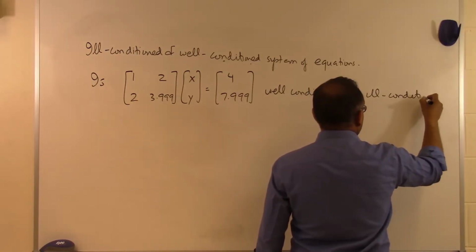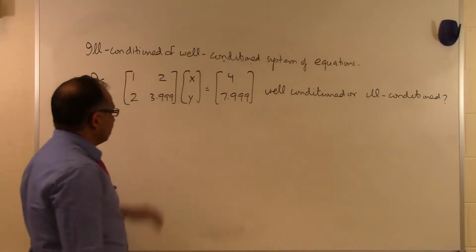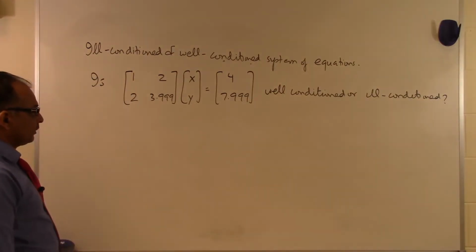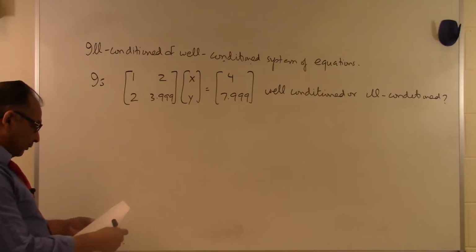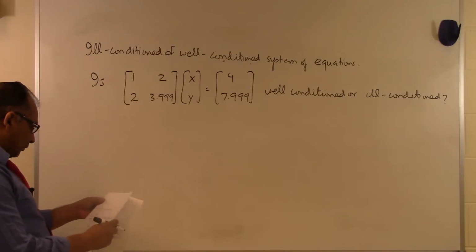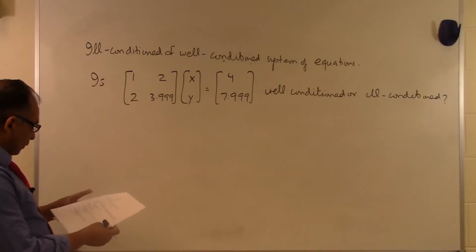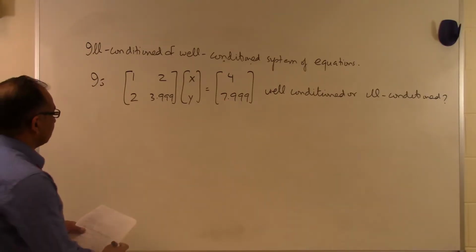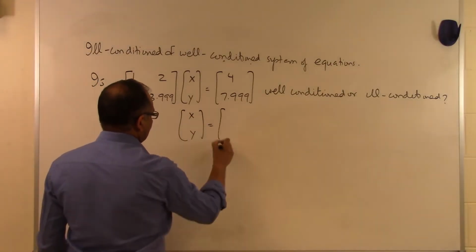So we want to be able to make the difference. If somebody gives me a system of equations like this one, is it well-conditioned or ill-conditioned? If I wanted to solve this set of equations, it does have a simple solution. What is the solution to this one? It's 2, 1. So x, y is 2, 1.